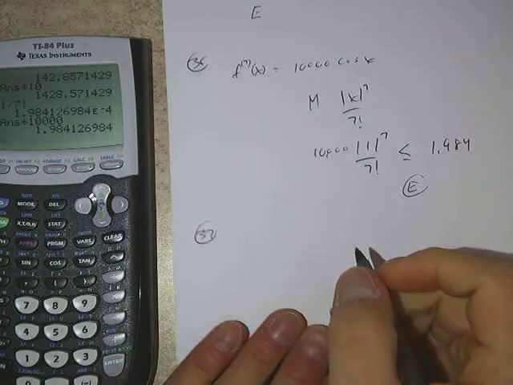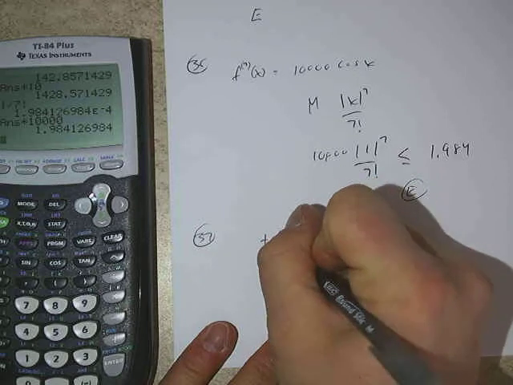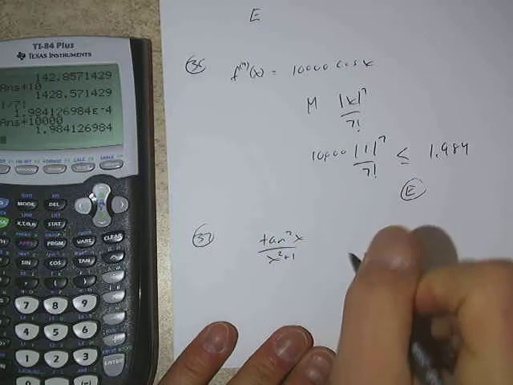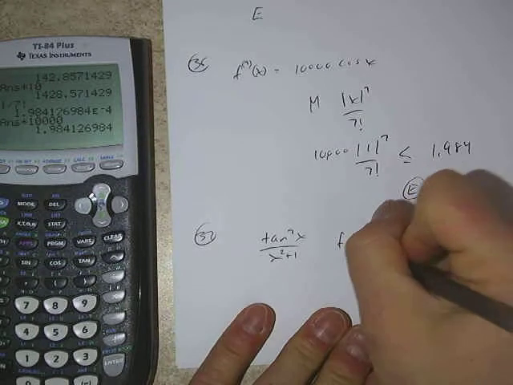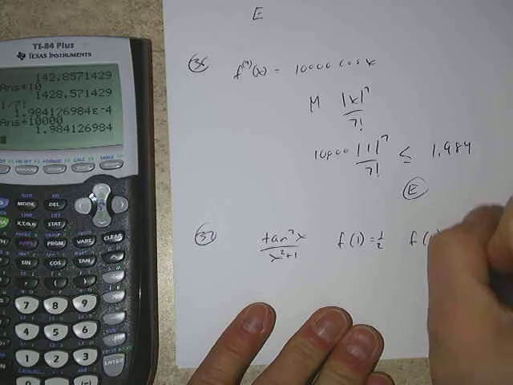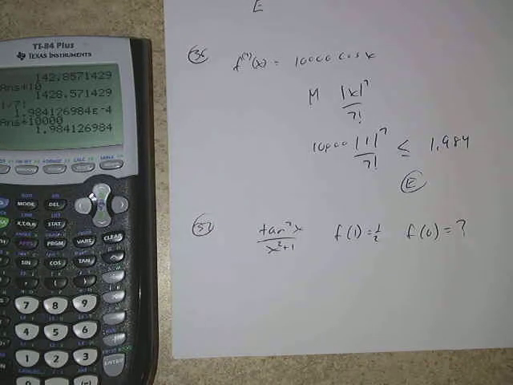37 says if f is an antiderivative of tangent squared x over x plus 1, x squared plus 1, and f of 1 is a half, then what is f of 0? Right.